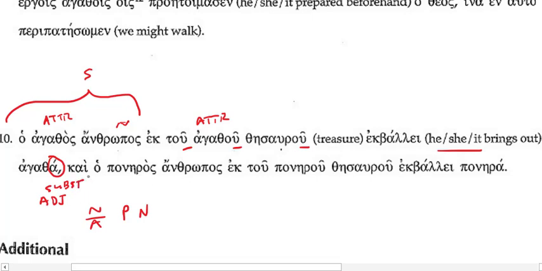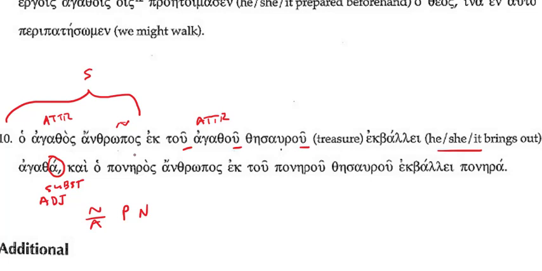Brings out good, what? Yes. You put things? I did not. That was why I wanted to go over this. I didn't know where he got the word things from. Well, because this is neuter plural, right? The object of the verb, what he brings out, is some plural set of neuter things.